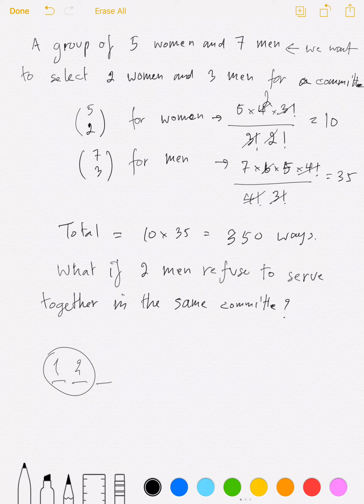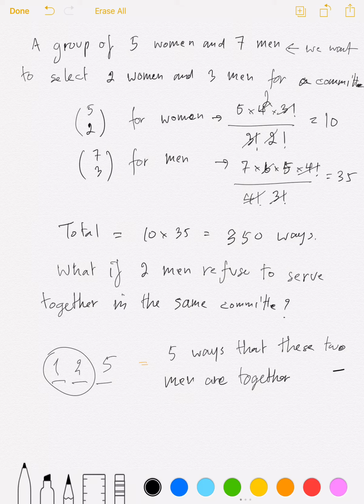For the last position, there are only 5 men available. So there are 5 ways that these 2 men are together.